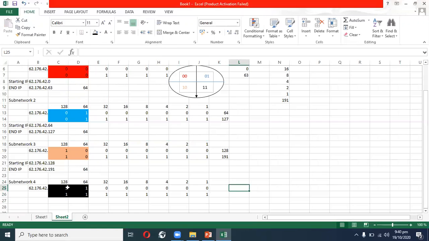Now let's add all of them together. The first, all zeros, gives us 192, and our end bit will be 255.